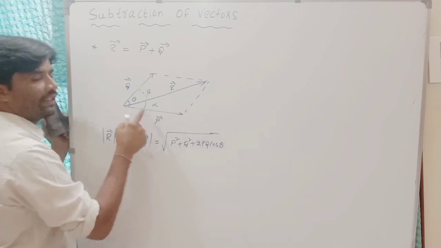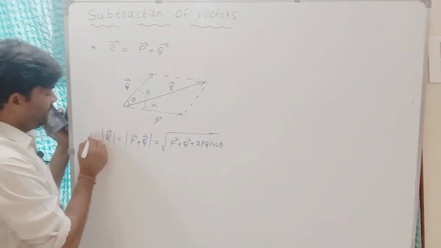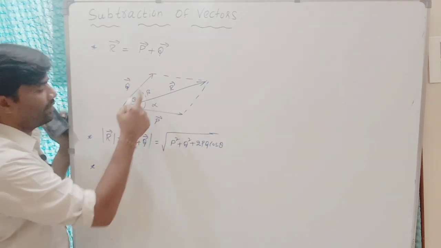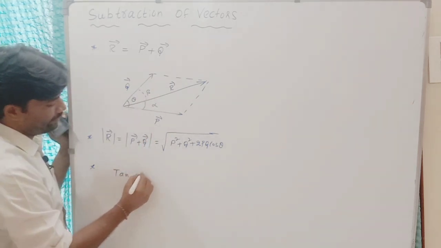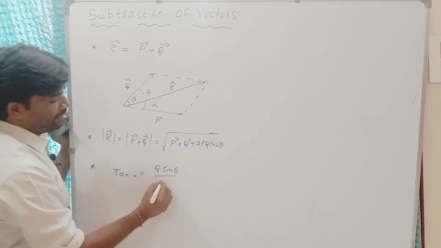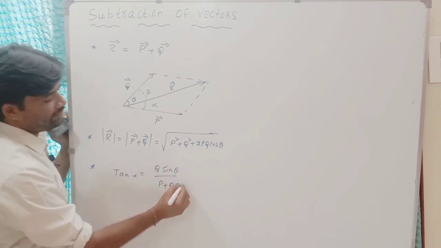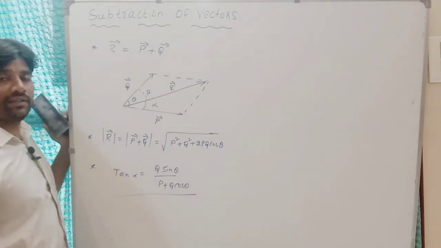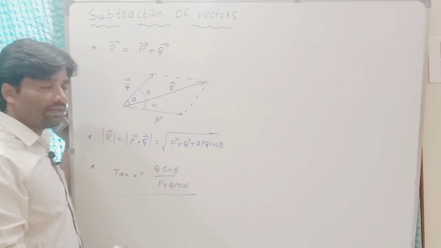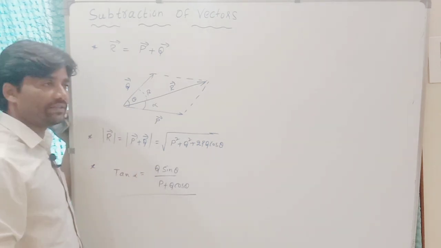Theta is the angle between P and Q. And we have also derived the equation for alpha or beta: tan alpha is equal to Q sin theta by P plus Q cos theta. These are the formulae which we derived in the last class, and we also discussed a few applications.